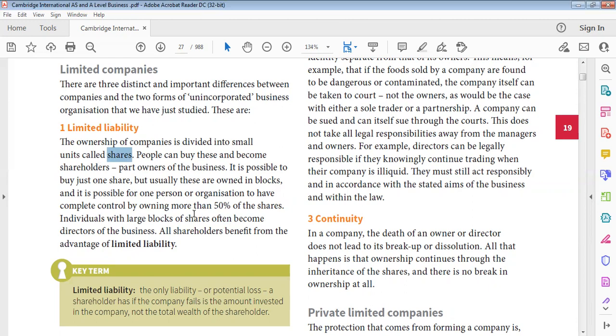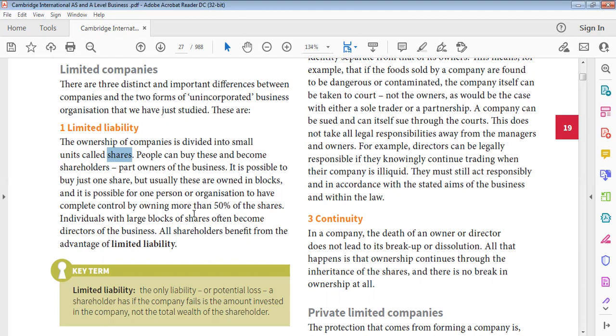A share is like buying a part of a specific company. Let's say you don't have enough money to buy Google, or to buy Facebook. In that case, you can only buy shares. A share is actually a small part of Facebook or a small part of Google, and you own it.